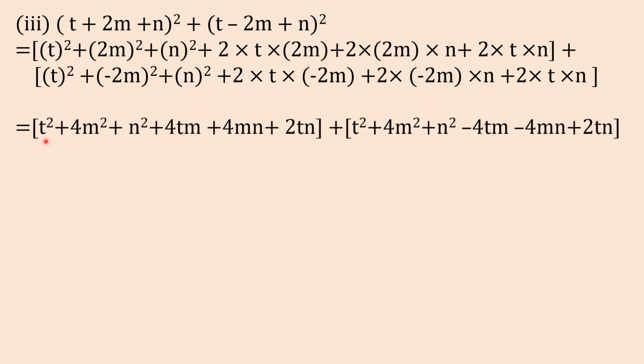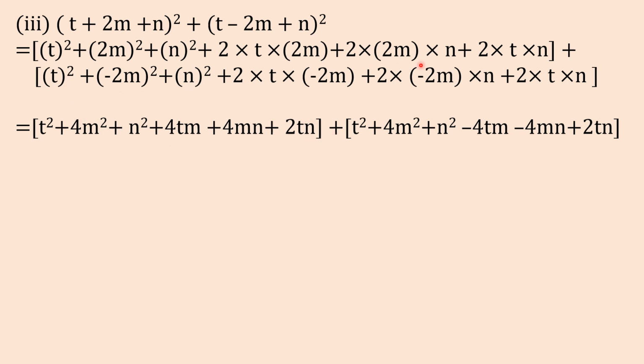It will become t square plus (2m) the whole square will become 4m square plus n square as it is plus 2 into t into 2m will give you 4tm plus 2 into 2m into n will give you 4mn plus 2 into t into n will give you 2tn. Close the bracket, plus sign.